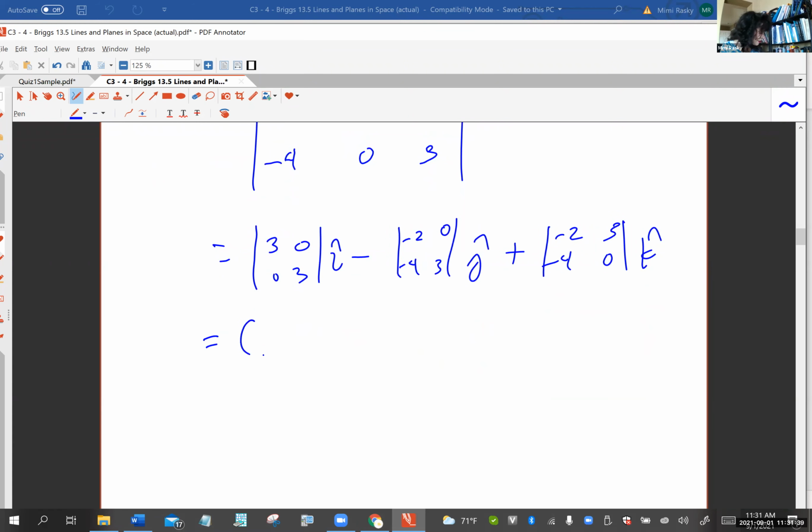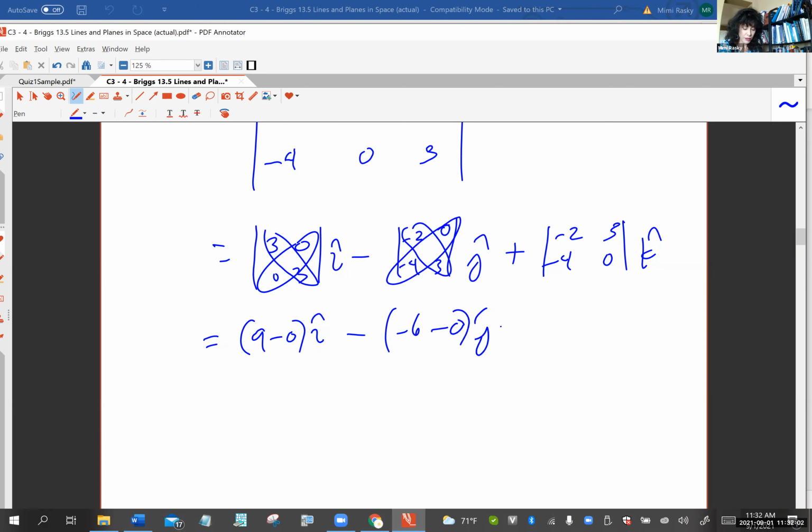And so the major diagonal, I get 3 times 3 minus the product along the minor diagonal. Wait, that's a 9, sorry. 3 times 3 is 9. 9 minus 0. Then what do I have here? -2 times 3 is -6. Minus, well, 0 times anything is 0.